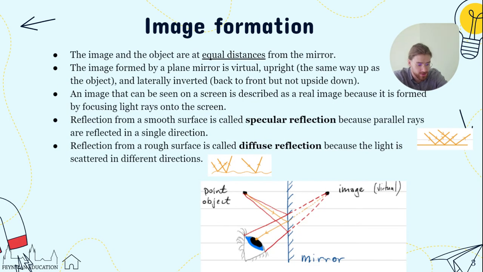So let's look at image formation. It's pretty obvious stuff, but it's important for you to know the terminology. So the image and the object are at equal distances from the mirror. What does that mean exactly?